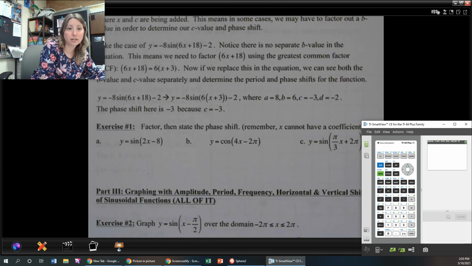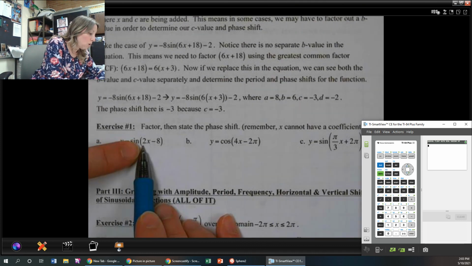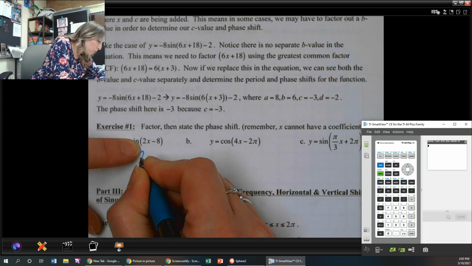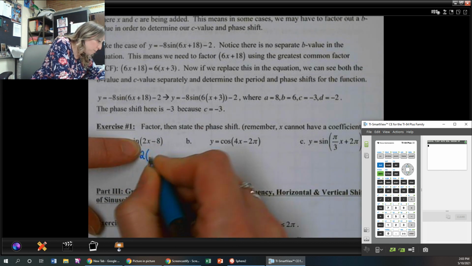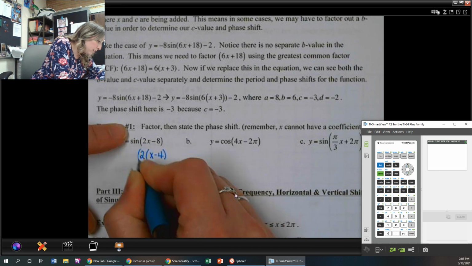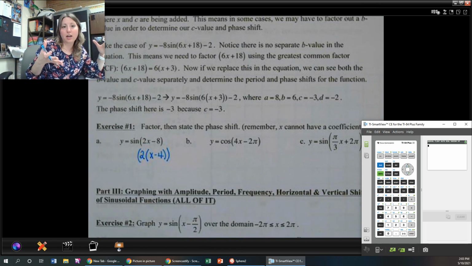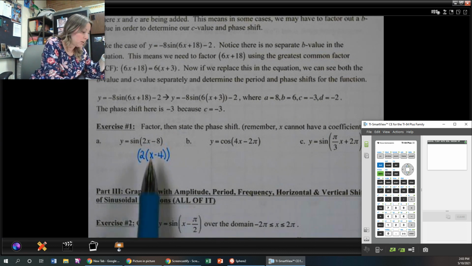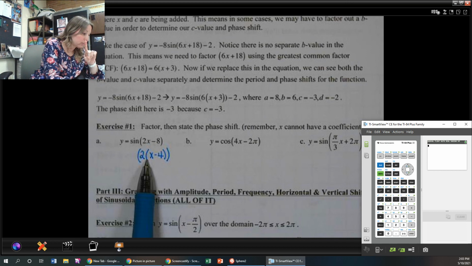But let's actually practice that. Now we've got a 2 in front of the x. That's got to come forward, and then divide each thing by 2. Now you've got x minus 4 left here. That tells me x cannot have a coefficient, right? So x has got to be a 1 in front of our x.